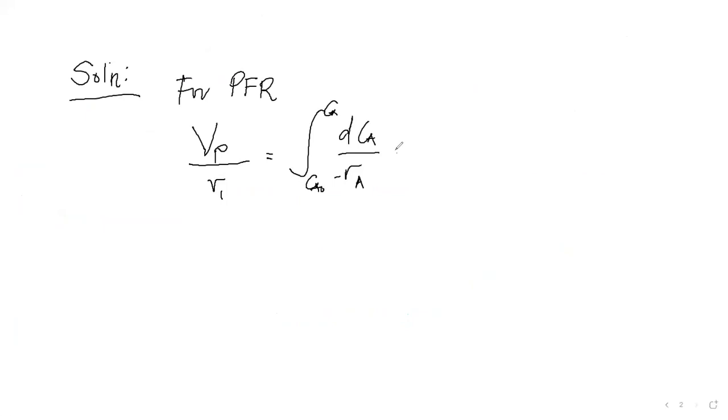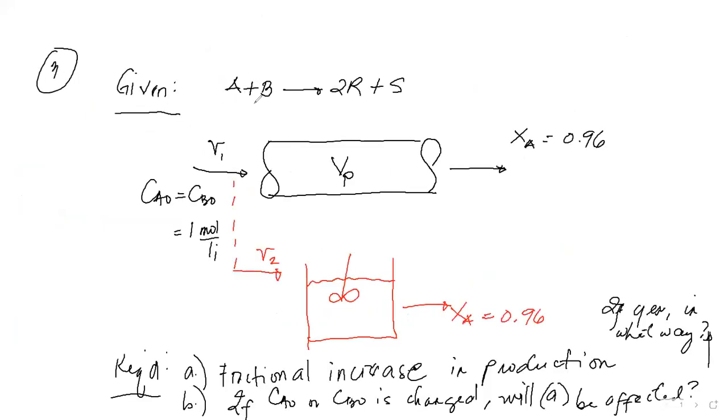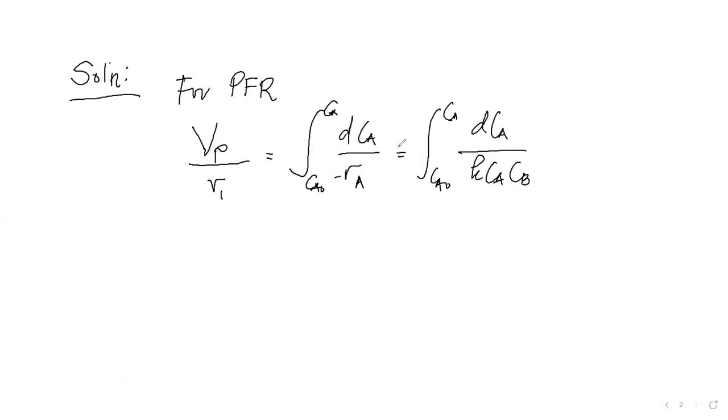So we have this CAO to CA, we have dCA, and we have k CA CB because it has to be elementary. And in our given, since we read in the problem that it's a liquid phase reaction, we will write here that epsilon A is equal to 0 because we have a liquid phase reaction. Okay, this is our expression now on the right side of our equation, specifically for the performance equation of the PFR.